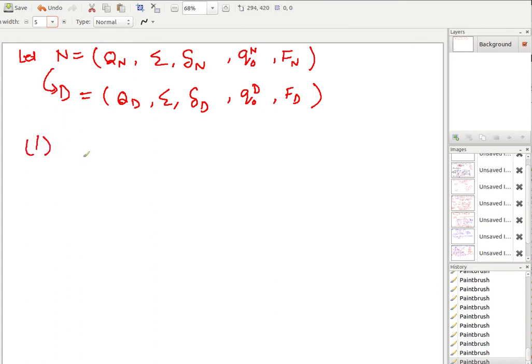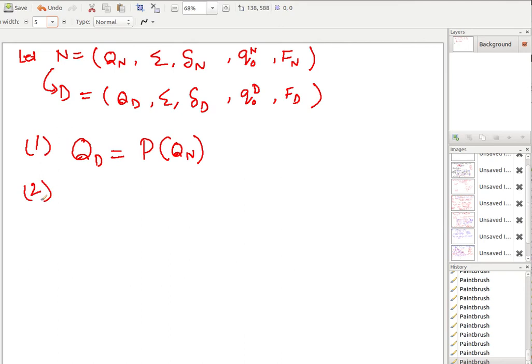I am constructing something. The first component QD will be defined as the power set of Qn. Whatever the number of states in the non-deterministic automaton, you will have the power set of those in the deterministic version. That is the first reduction.